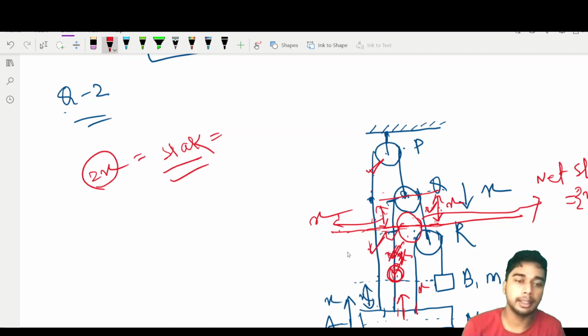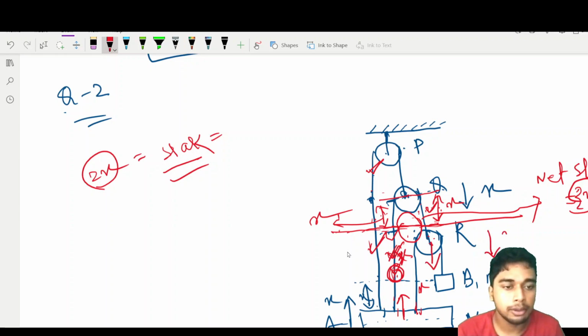Now consider the same case. It is moving up, so the total slack is 3x. If the slack is 3x, then the pulley will move down by 3x.